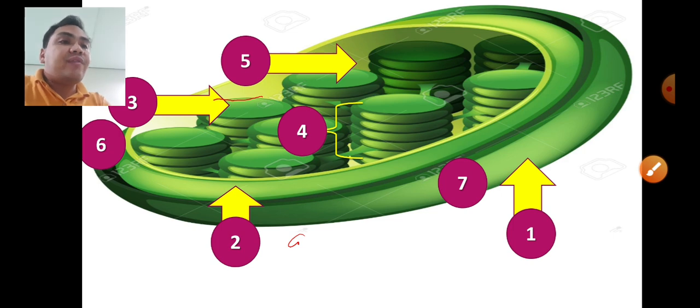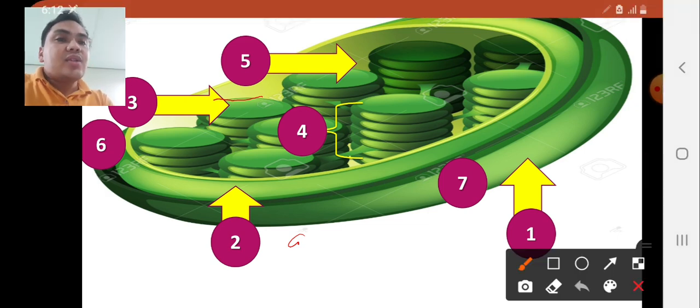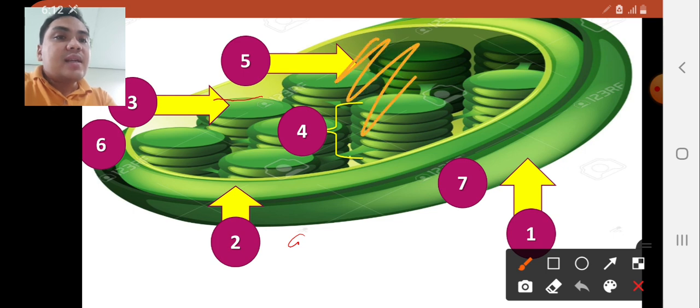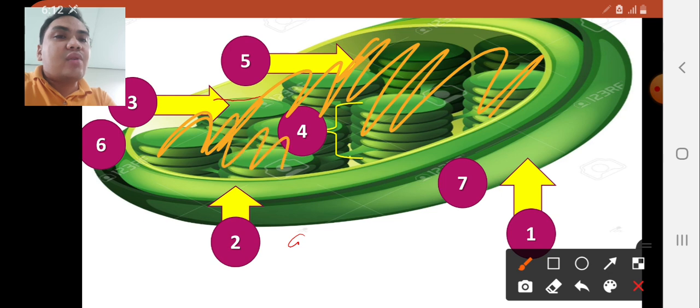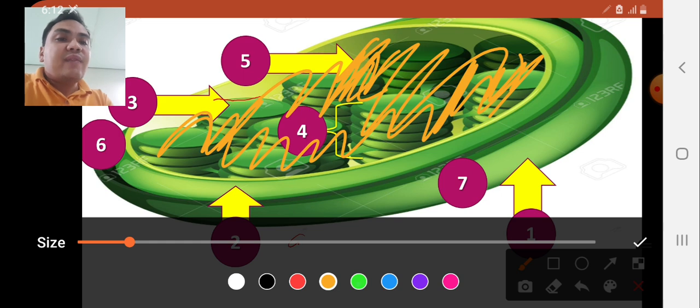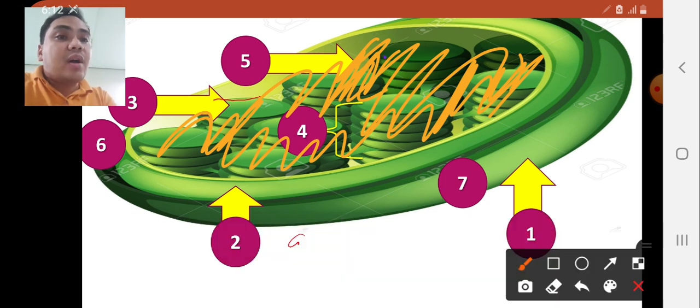Meanwhile, for number 5, the chloroplast consists of a semi-fluid substance. These thylakoids are surrounded by a semi-fluid substance, which is made up of DNA, enzymes, and ribosomes.